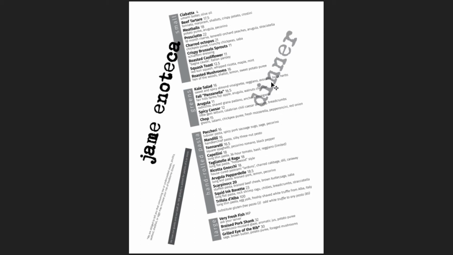So always make sure that you have enough value separation, value contrast between the type and the background. The color bars with the knocked out type look like the type is the same as the body copy. And they're lined up very nicely, making a lot of sense.